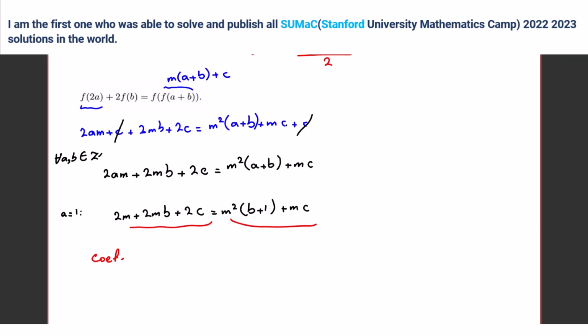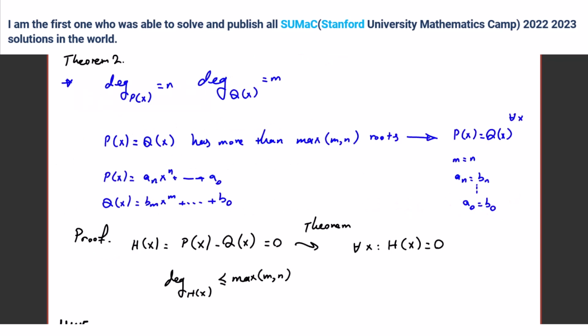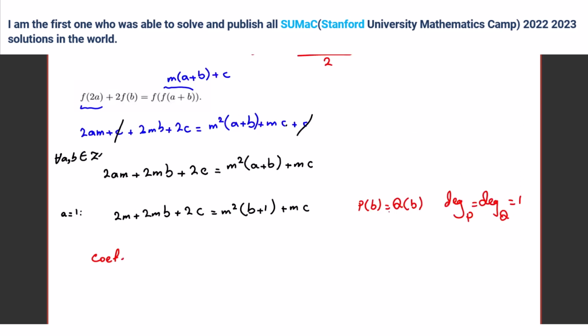So we get P of b equal to Q of b, and the degree of P is first degree. We proved that if two polynomials are equal for more than the maximum of their degrees, then corresponding coefficients are equal. Here the maximum degree is 1. If they are equal for more than one value, then corresponding coefficients are equal. We know they are equal for infinitely many b's, so corresponding coefficients are equal. Agreed?